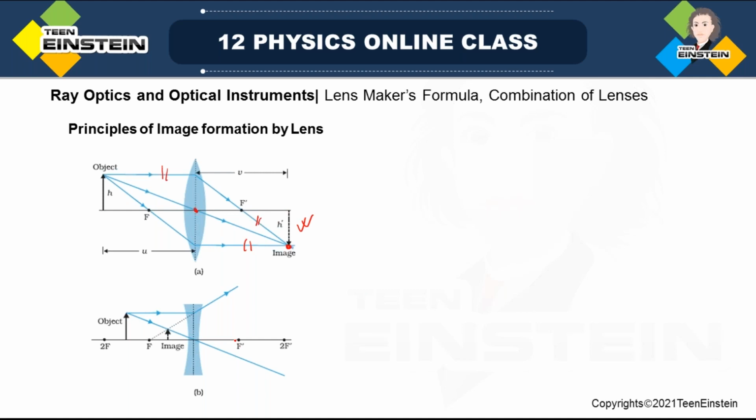And in case of concave lens, this is convex lens, and now we'll see how the rules are for concave lens. In case of concave lens, the ray which is parallel to the principal axis, upon refraction, will seem like getting diverged from the principal focus.